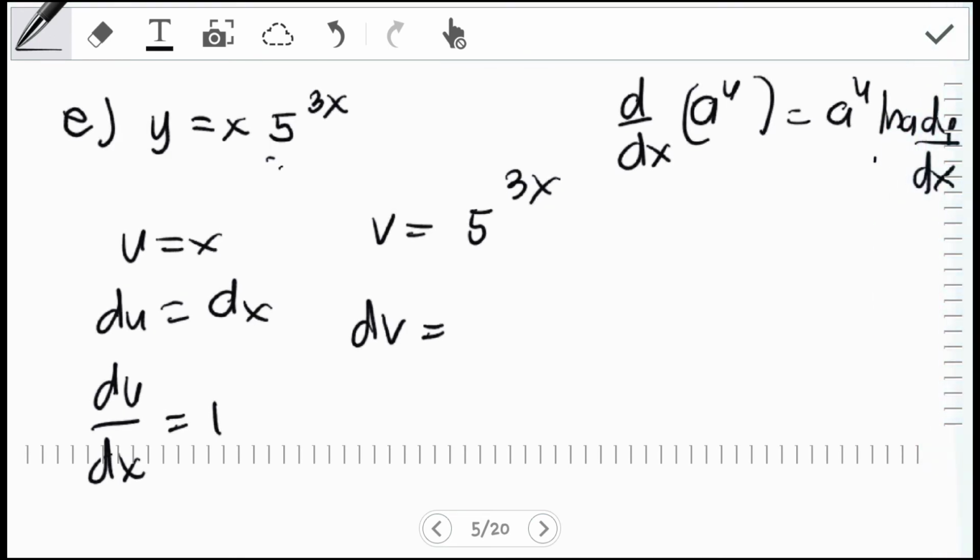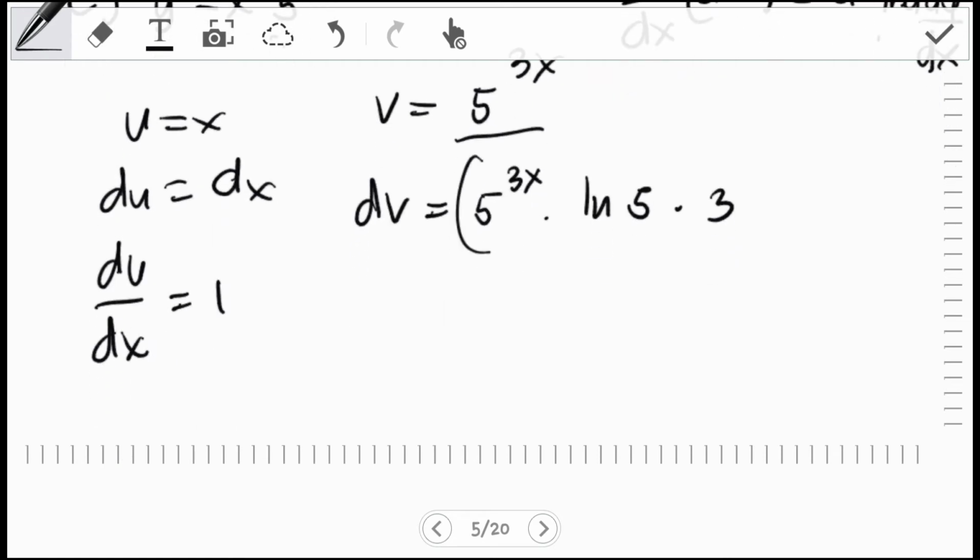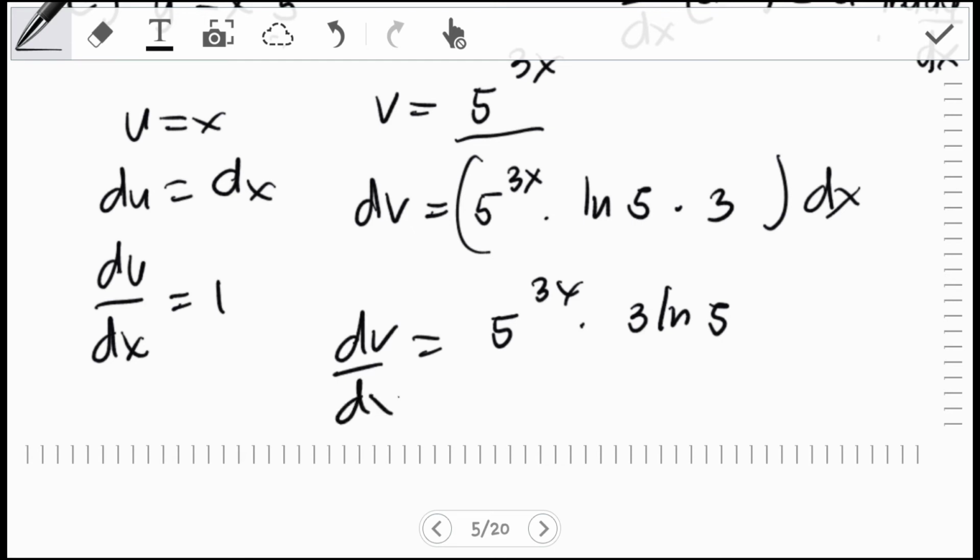So rewrite: 5 to the power 3x times ln 5 times the derivative of 3x, that is 3. Okay, so we can rewrite this as 3 ln 5 for dv over dx.